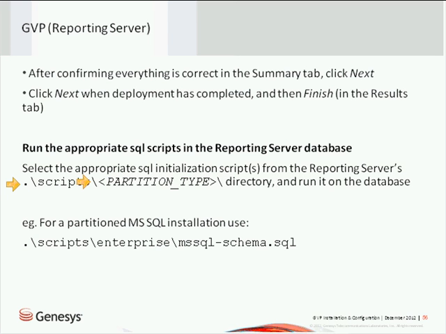And there will be a list of scripts in there that you need to install based on whether using MS SQL or Oracle. Enterprise was the version we were installing, and I'm using MS SQL, so this is the schema that I am running. There's also a similar one for Oracle, and I believe actually a lock tables SQL that you'd be running after typically.